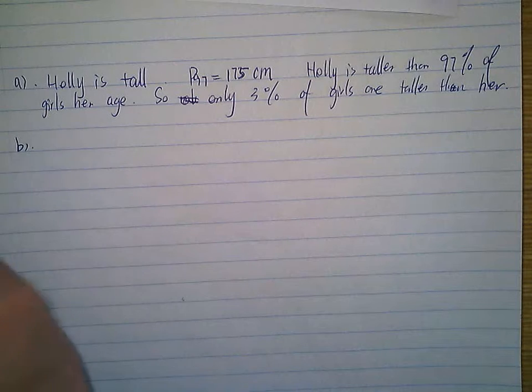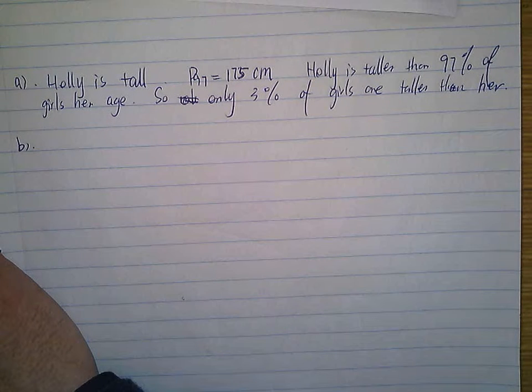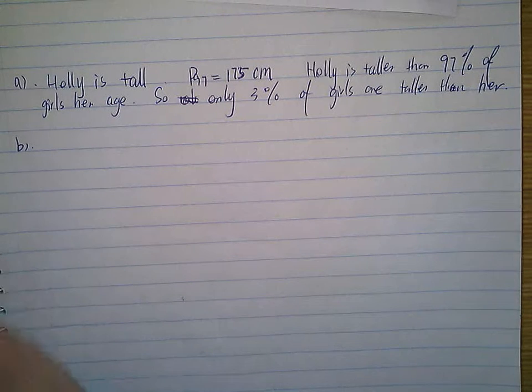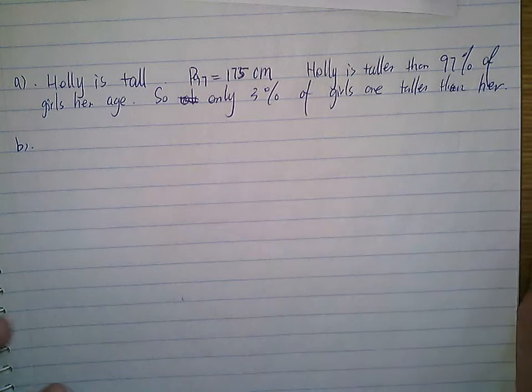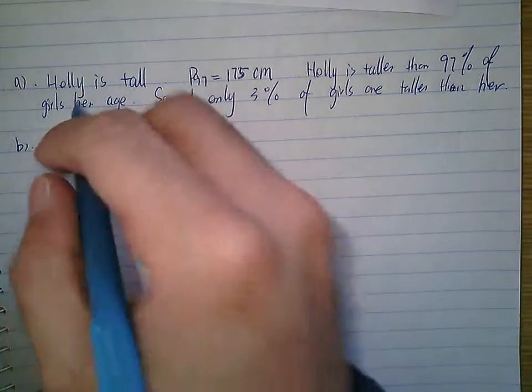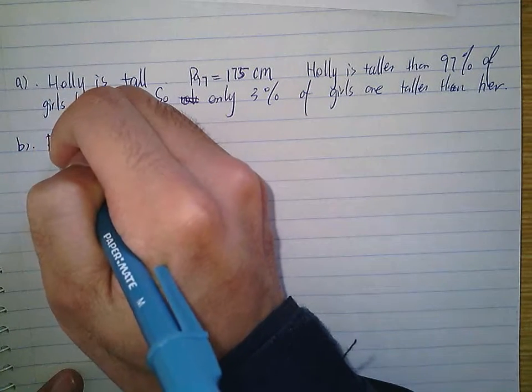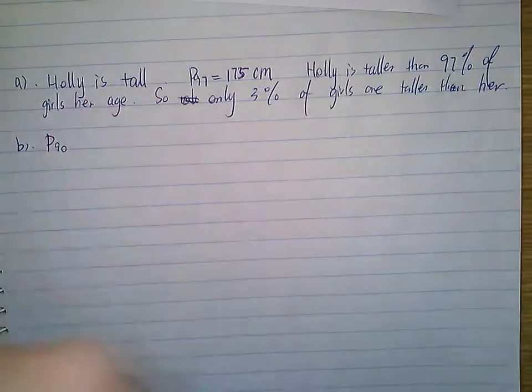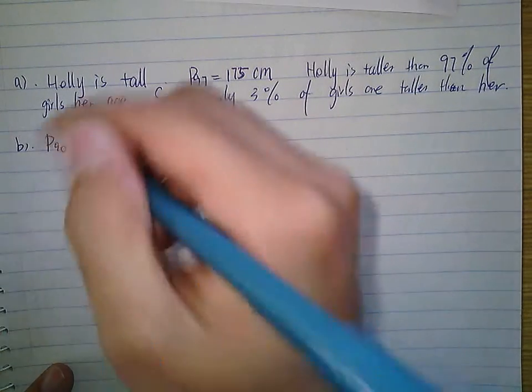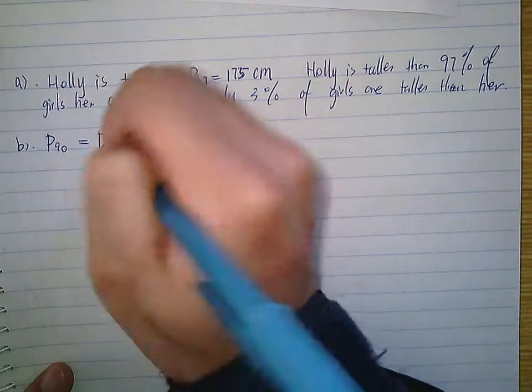Next. Olga is taller than 90% of girls her age. What is her height? So she's taller than 90% of the girls, so you're looking for P90, which is the same as D9. Make sense, guys?